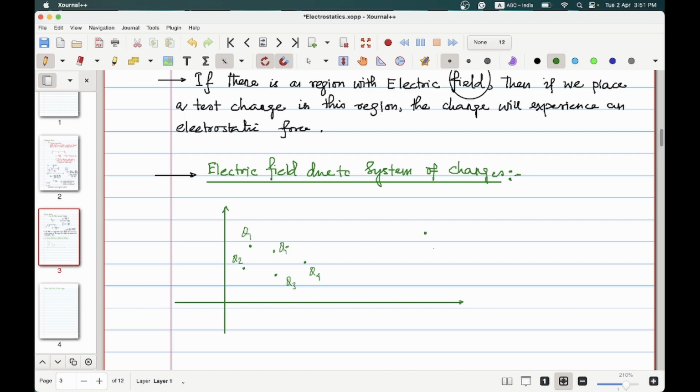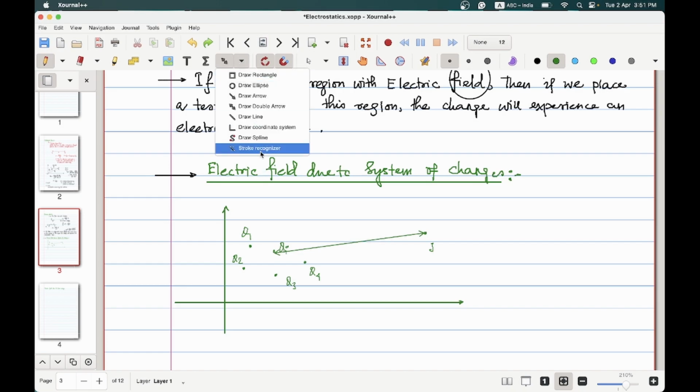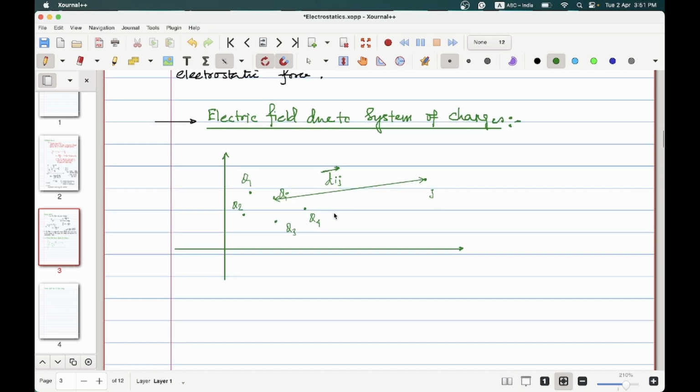There is a point J. The distance between these two points is Dij. So this is a position vector, of course. Dij is the position vector.